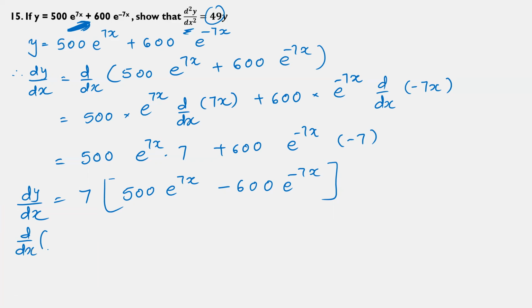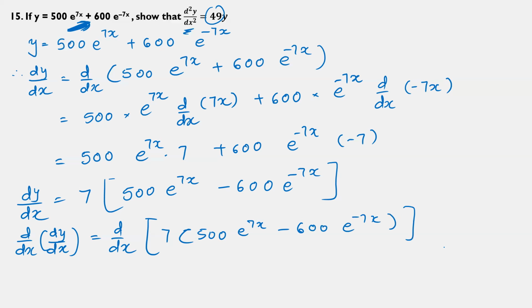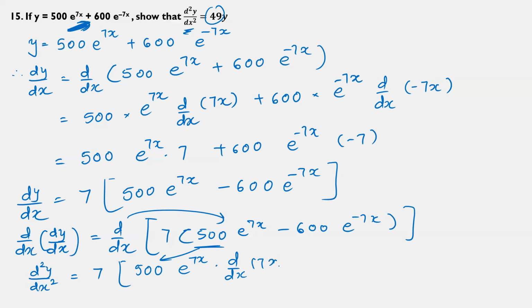Differentiating both sides with respect to x: d by dx of 7 times (500 e to the power 7x minus 600 e to the power minus 7x). So d2y by dx2 is equal to 7 as it is out, and I'm going to differentiate the terms inside: 500 as it is, e to the power 7x, but with a weird power, same way, addition rule.